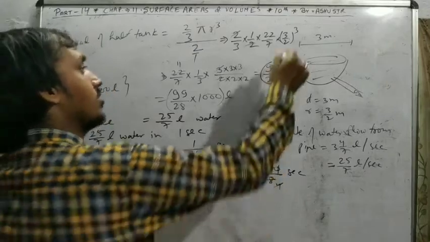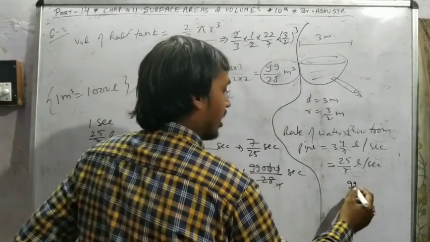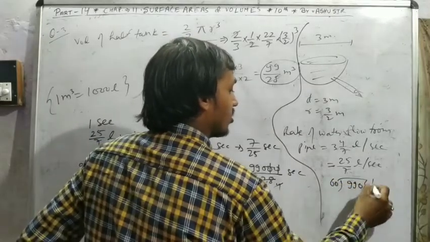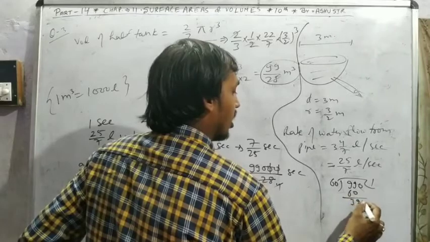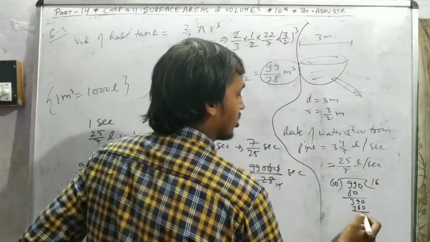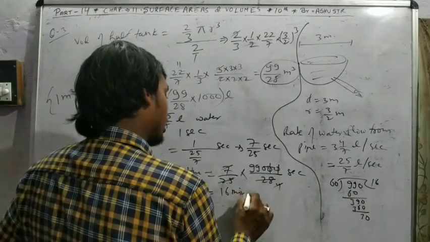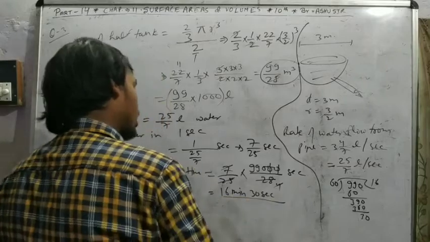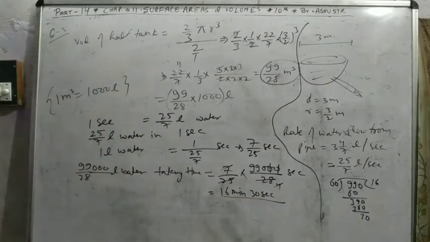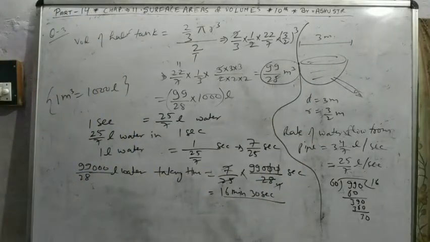You can divide it by 60: 990 divided by 60 gives 16 minutes 30 seconds, the time taken to empty half the tank.